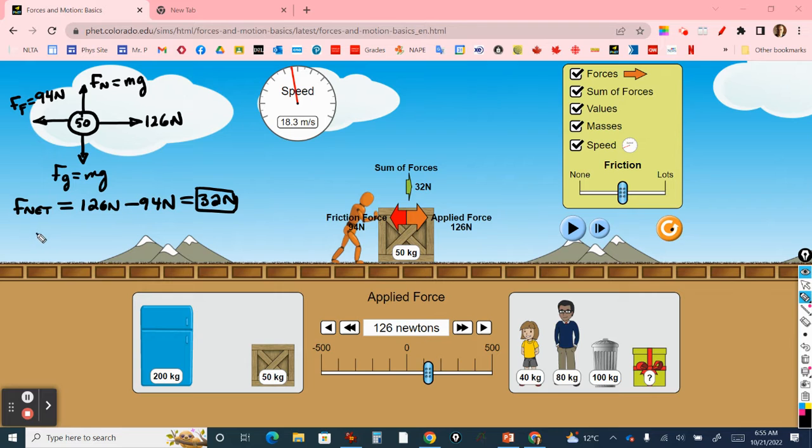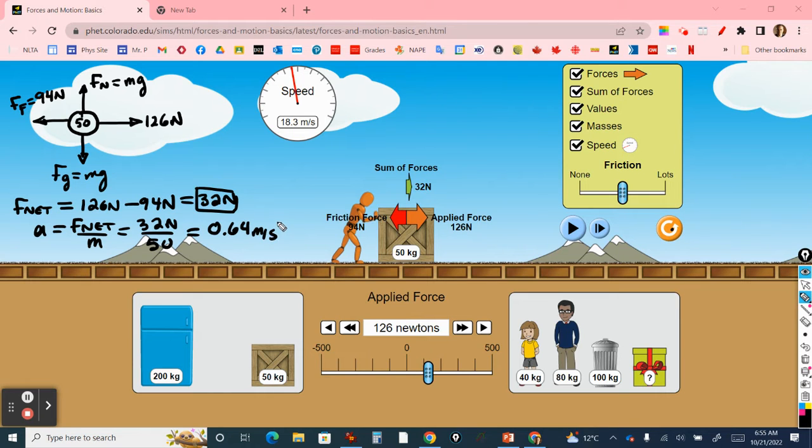And then the acceleration is F net over mass, which is 32 newtons over 50 kilograms. And that's going to give us 32 divided by 50, which is 0.64 meters per second squared.